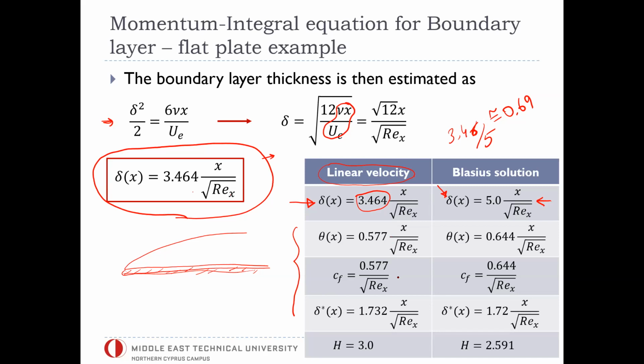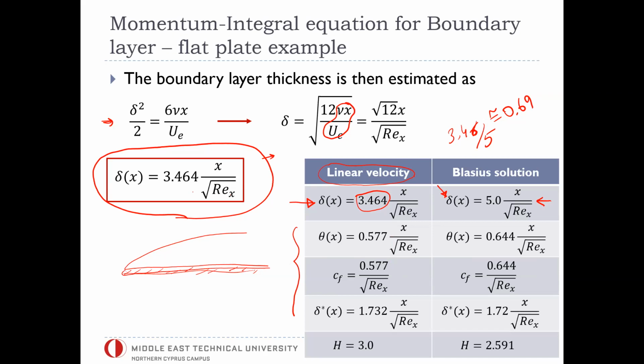Similarly, also for CF. The friction coefficient is directly related to momentum deficit, the momentum that we lose inside the boundary layer. Because of the momentum that we lose, that comes back to us as drag or friction. So similarly, CF is also under predicted by the same ratio. Surprisingly, delta star is quite close.